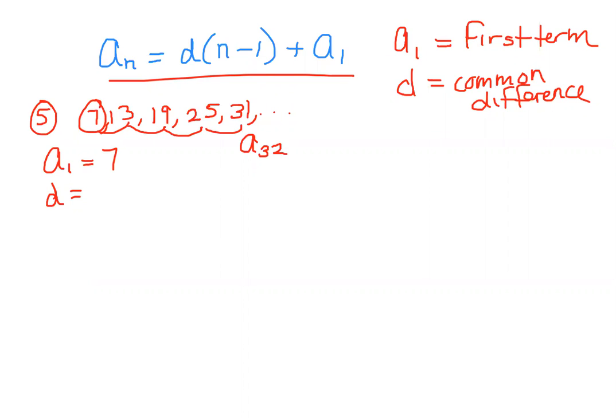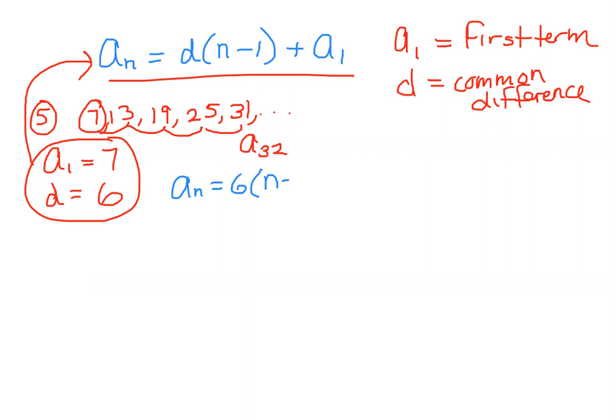That is 6. So we're going to use those and substitute it into this equation, and we're going to get AN equals D times n minus 1 plus A1.